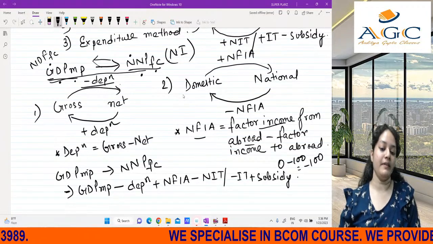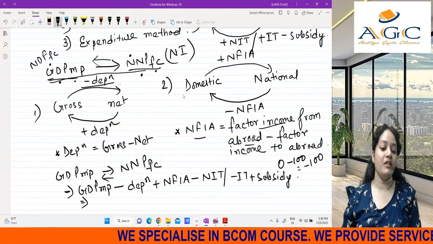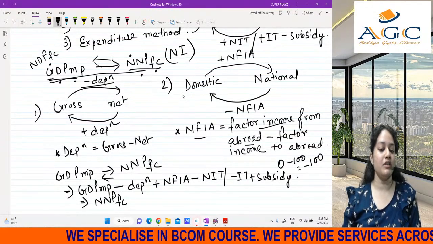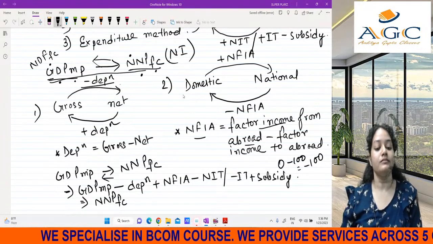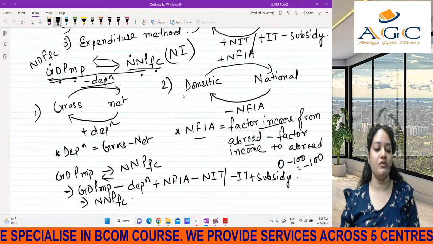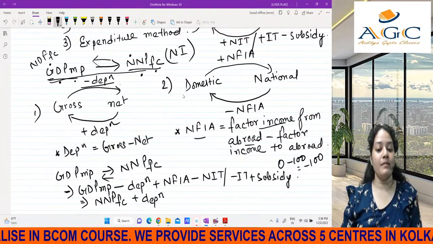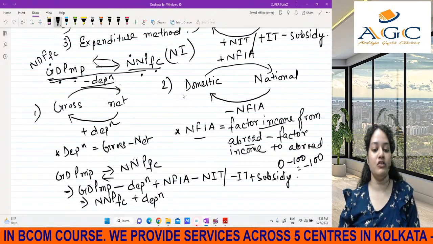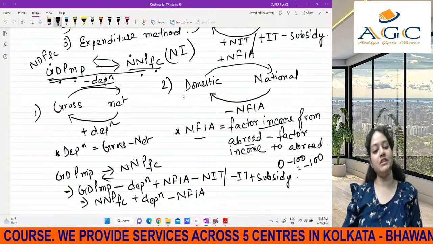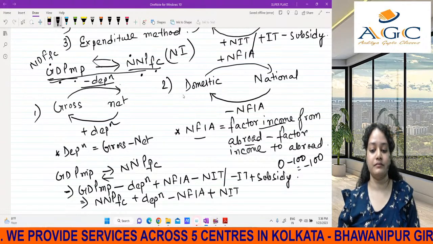Similarly, if you are given your NNPFC and you have to find out your GDPMP, you just have to do the opposite. You will be given your NNPFC value. From net to gross, you add your depreciation. From national to domestic, you deduct your NFIA. From FC to MP, you add your NIT.